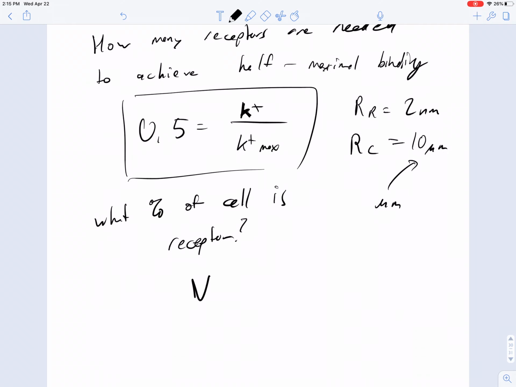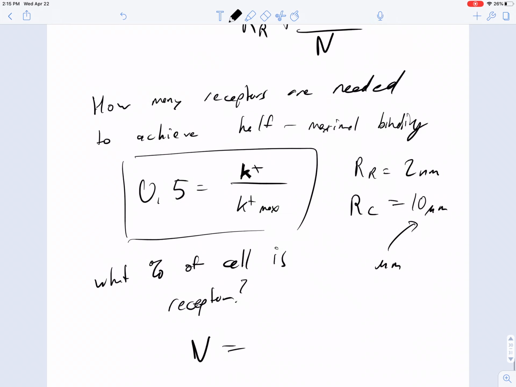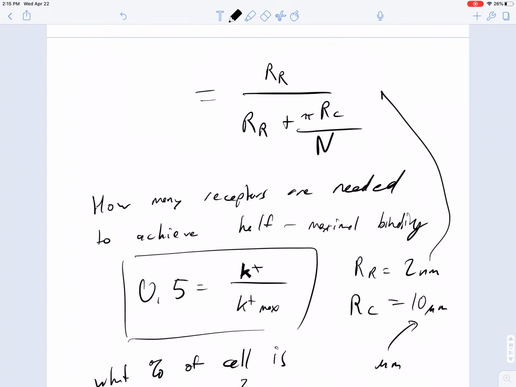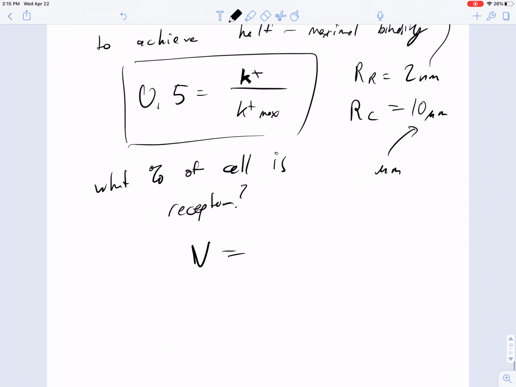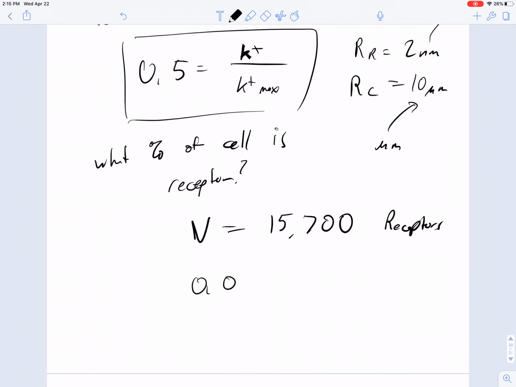You just substitute these numbers into this equation right here and make that equal to 0.5. You find that N equals 115,700 receptors, or 0.06% covered.